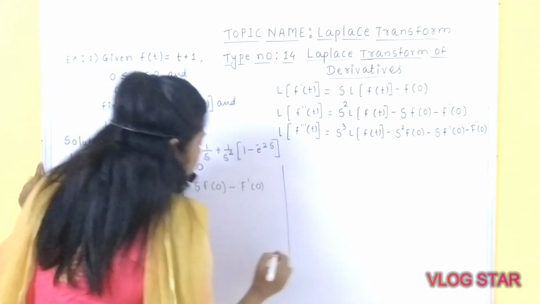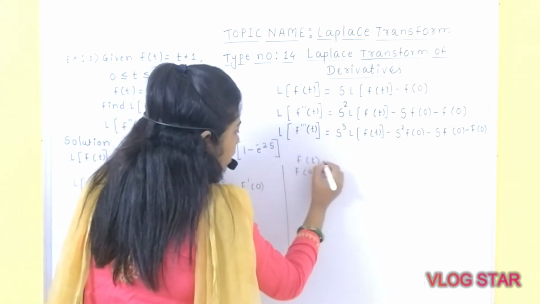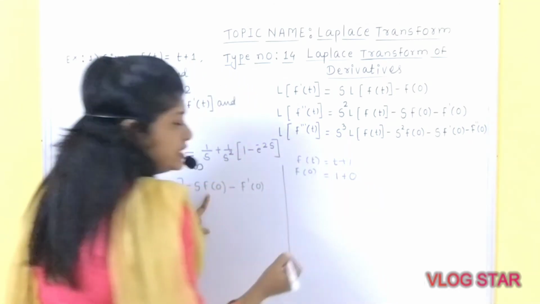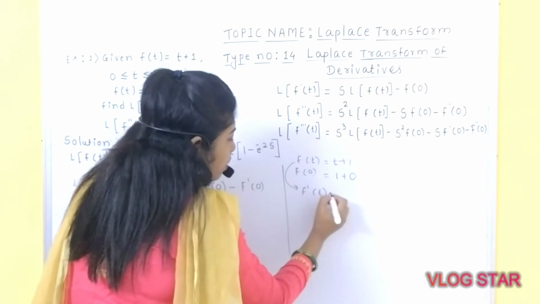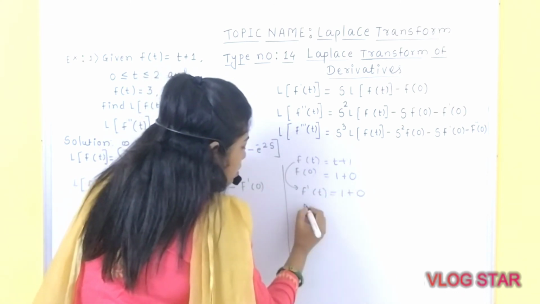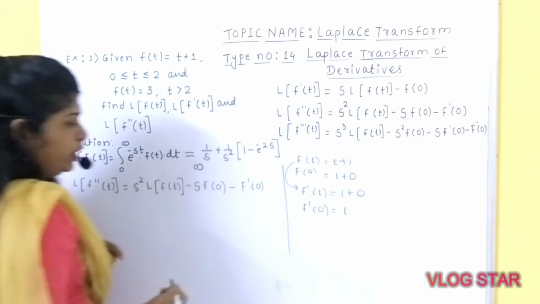Now just now I told you f of t is equal to t plus 1. F of 0 is equal to 1 plus 0. If I need to take f dash of t, what is f dash of t, which is equal to 1 plus 0? So what would be the value of f dash of 0? It is equal to 1.